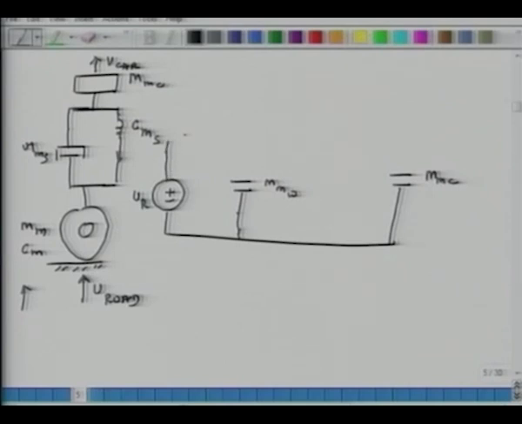There is a stiffness member between this mass and the excitation source, which is CMW. You could ask, why is this CMW not in parallel to this mass? Any thoughts on that?